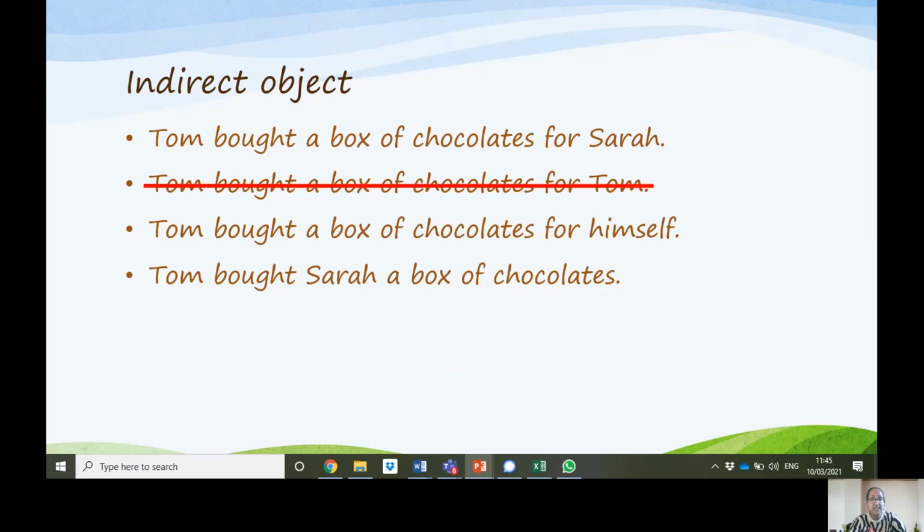Sarah is the indirect object. If he decided that he wanted the chocolates, we would have Tom bought himself a box of chocolates. So again, a box of chocolates is the direct object. Himself is the indirect object. Who did he buy them for? For himself.